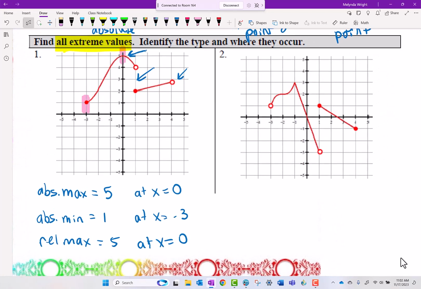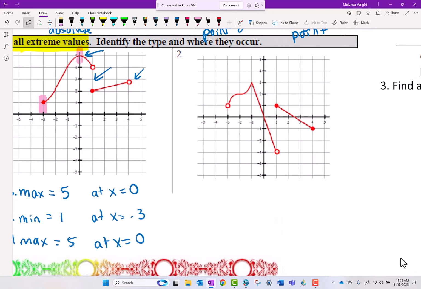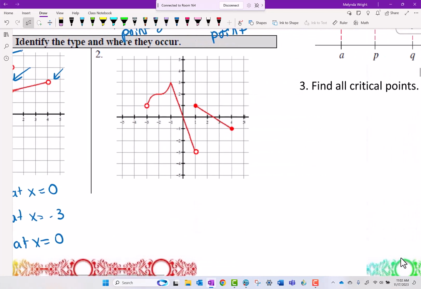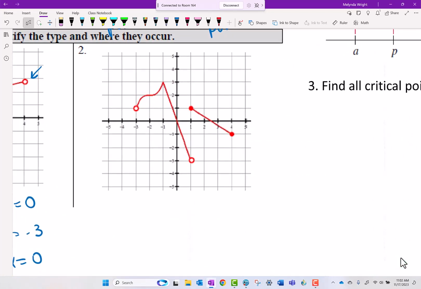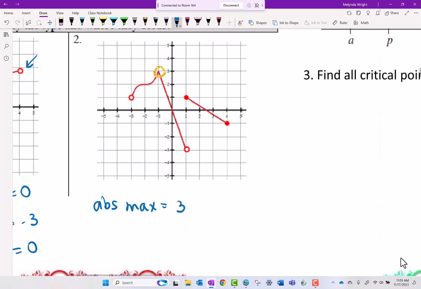All right, let's look at number 2. Let's start with our absolute extrema first. Let's see if we can identify the very biggest y value. It looks like that's right here. So we've got an absolute max at 3. The y value is 3, and that maximum value is at x equals -1.